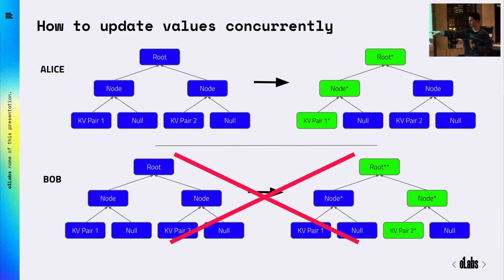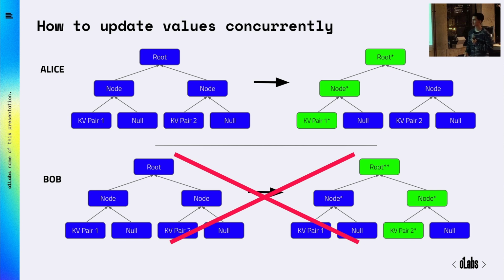Alice and Bob want to update two different key pairs here. What they do is they update this and they compute the root and the proof, and they send it to the network. And Bob does the same, but for key pair 2.